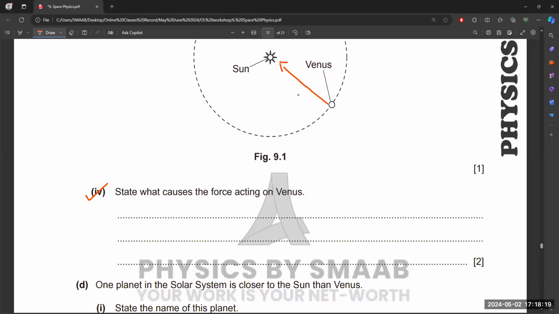The gravitational field of the sun provides a force of attraction.